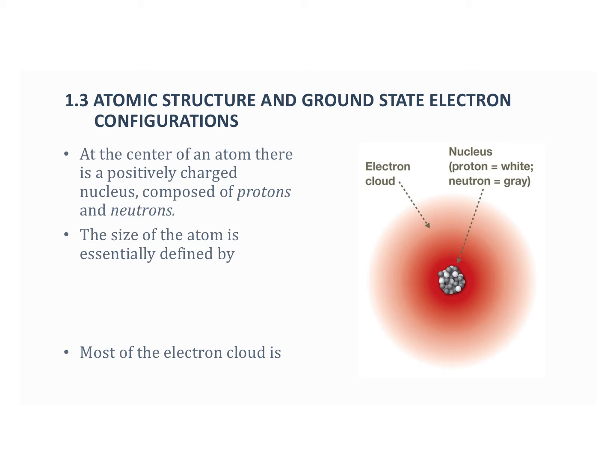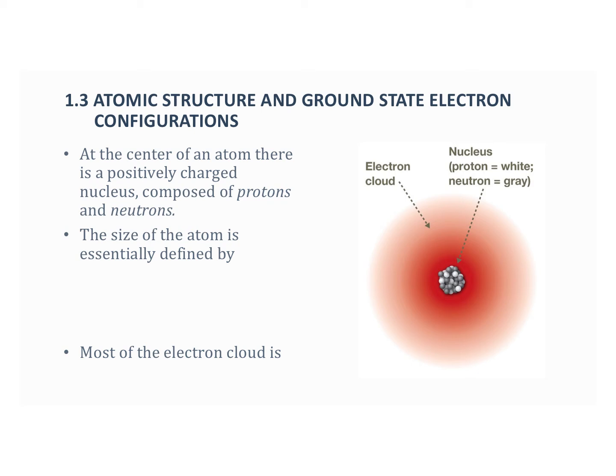So individual electrons are really small. They're so much smaller than the nucleus. But the space that electrons occupy is really, really large. We call that the electron cloud, and that can be seen here.